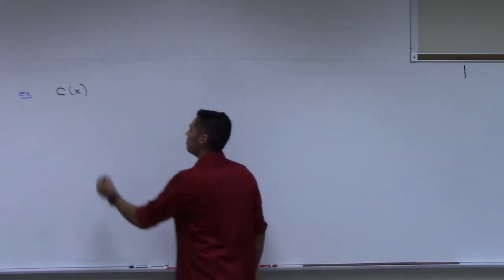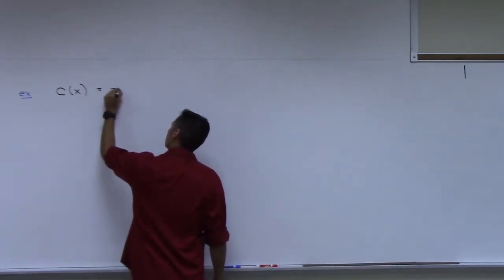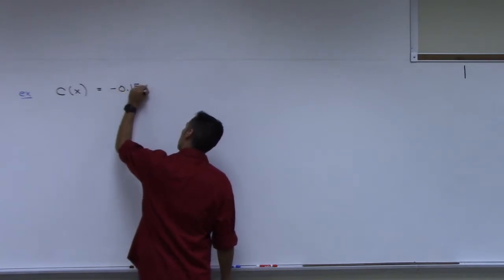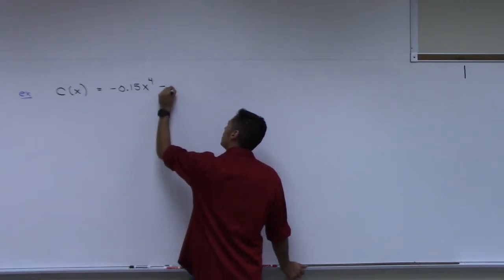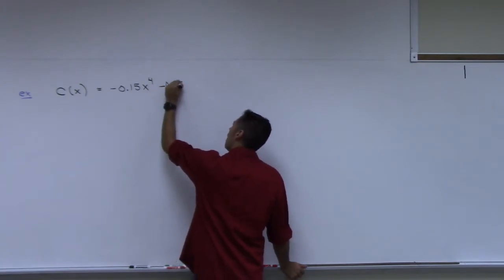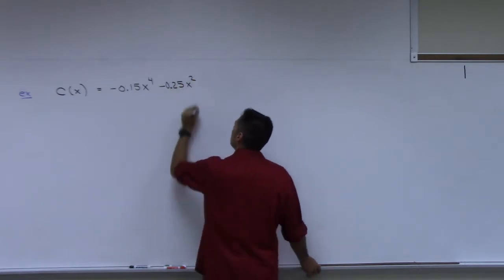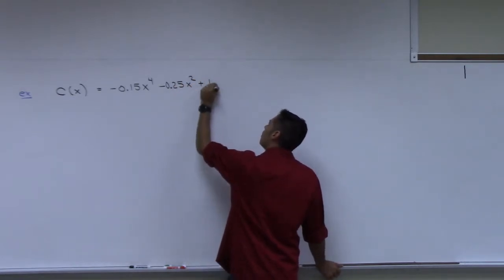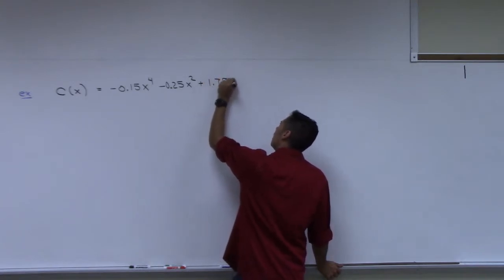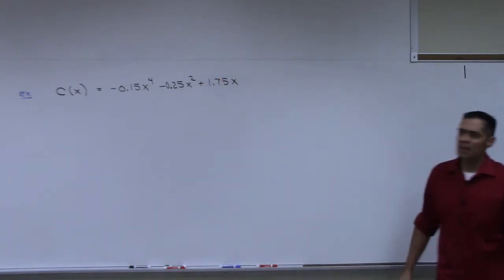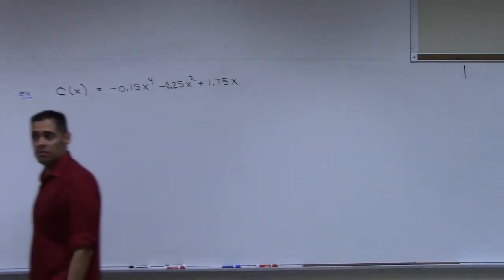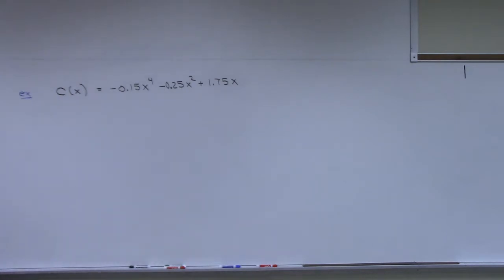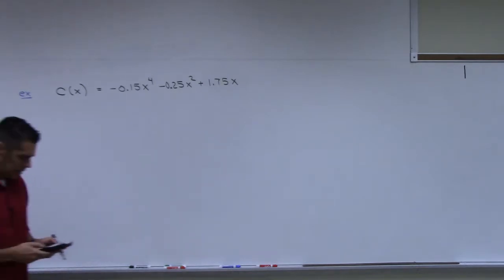C of x is equal to negative 0.15 x to the 4th minus 0.25 x squared plus 1.75 x. All right, so we finally have some decimals in here, and we might need our calculators. So let's go ahead and grab those, just so we can check ourselves to make sure that things work out correctly here.